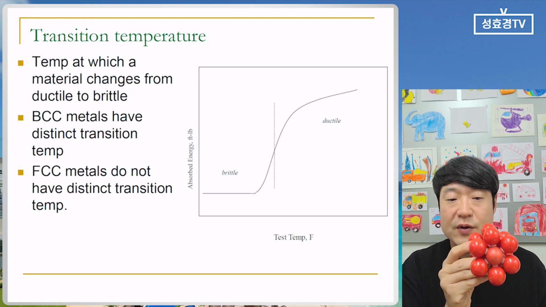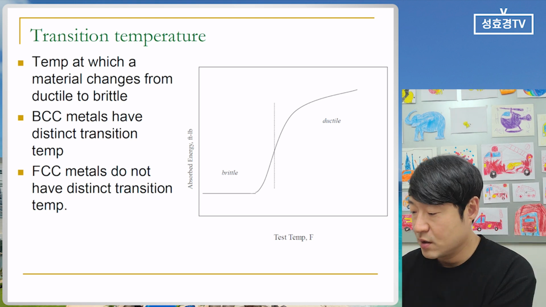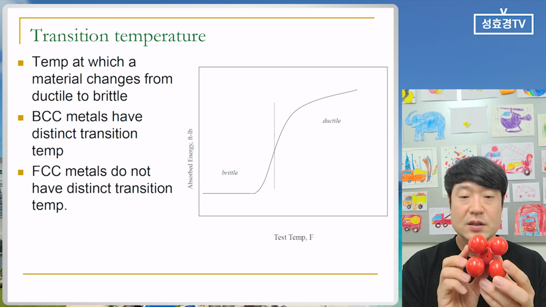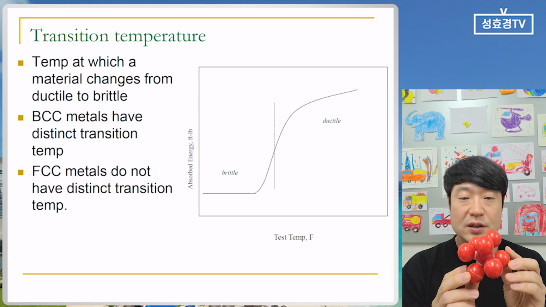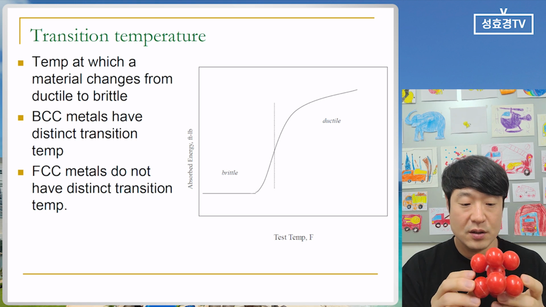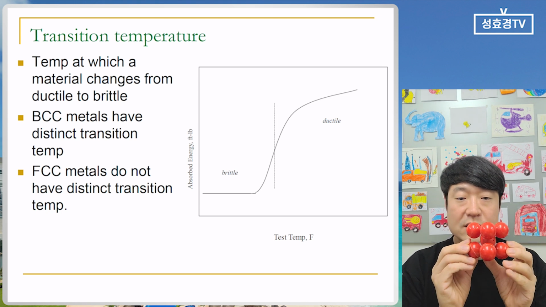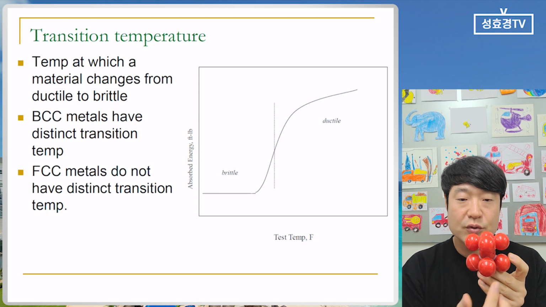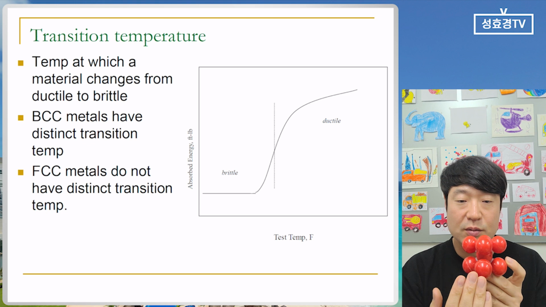This one is a very effective slip plane. But in the BCC case, it is difficult to see that kind of close-packed plane. So here you can see the 110 plane, which is kind of the slip plane for the BCC case.